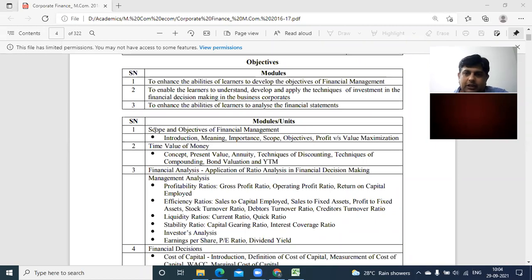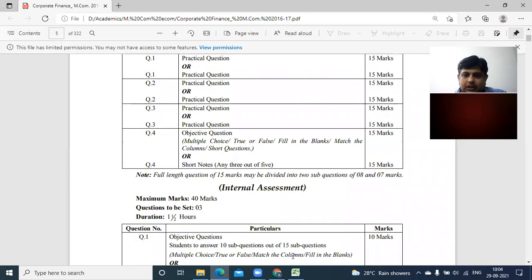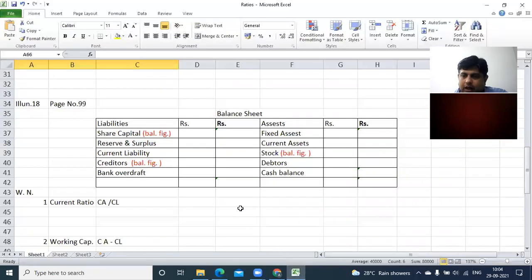So that consists of basics, ratio analysis, cash flow and capital budgeting. Capital budgeting, which I have already taught you, is Unit 2, and Unit 1 is going on, whereby we started with ratio analysis and subsequently we will go for cash flow analysis.